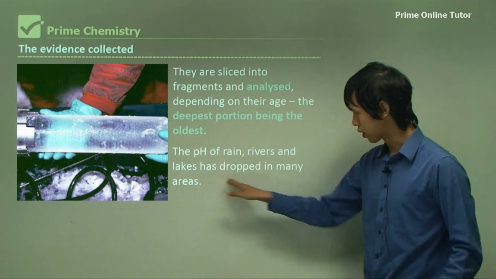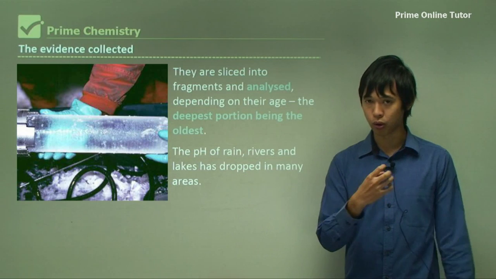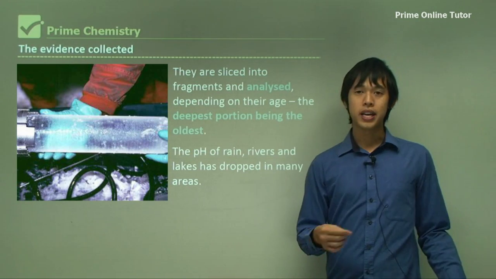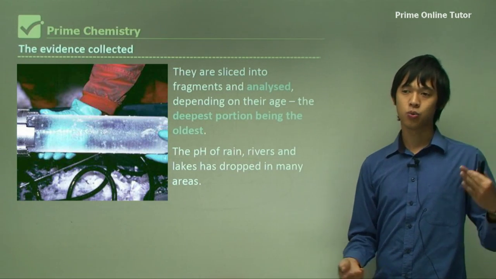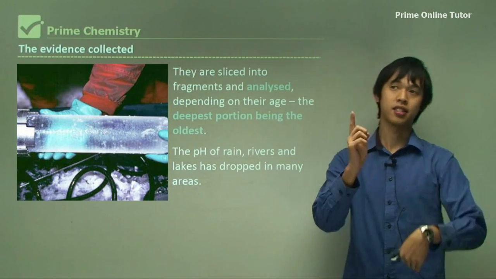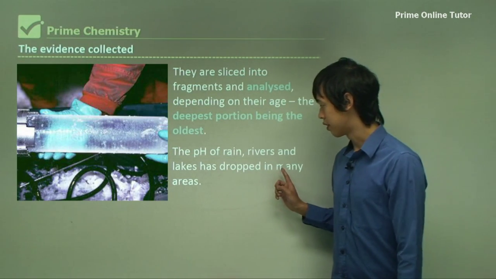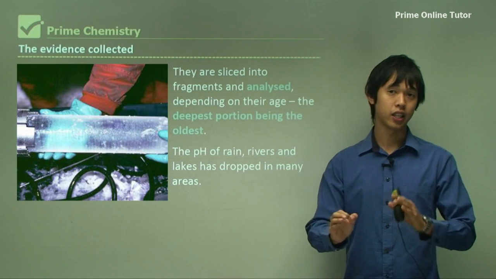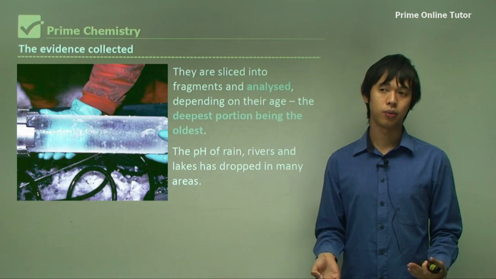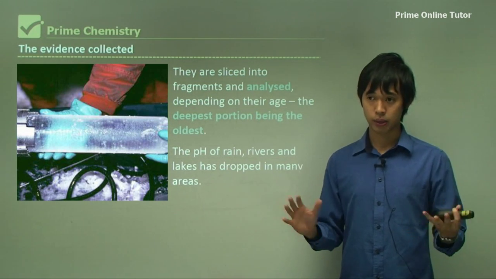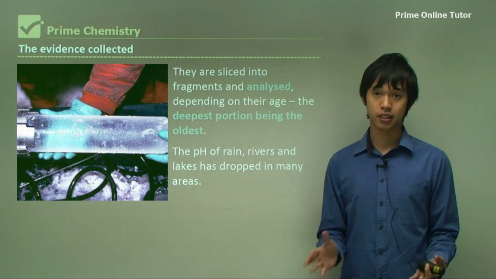Basically, the pH of these waterways, or even the rain, has gotten more acidic. When pH goes down, the acidity has gone up. So by monitoring the pH in these waterways, we can see that the pH is going down, which means it's getting more acidic.